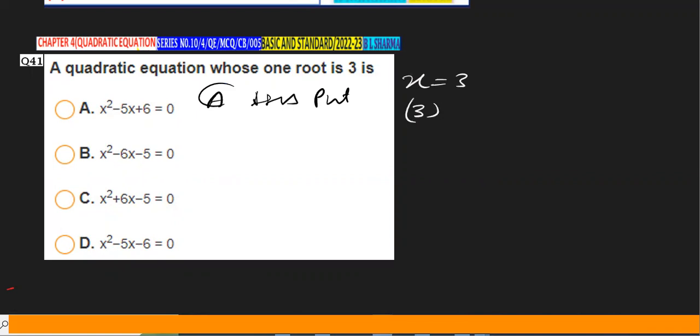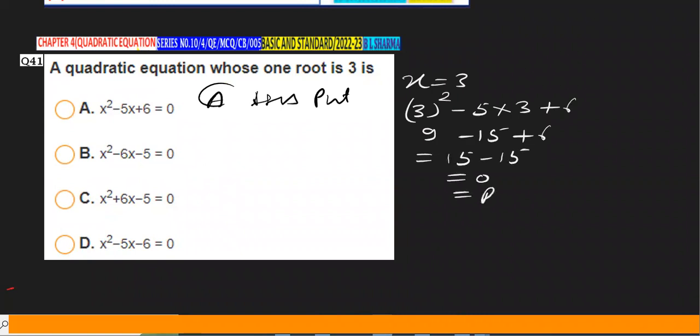So 3 whole square minus 5 into 3 plus 6, 9 minus 15 plus 6, that is 15 minus 15 is equal to 0, that is right hand side. It means इसका x square minus 5x plus 6 is equal to 0 का एक रूट 3 है. So A is the answer of this question.